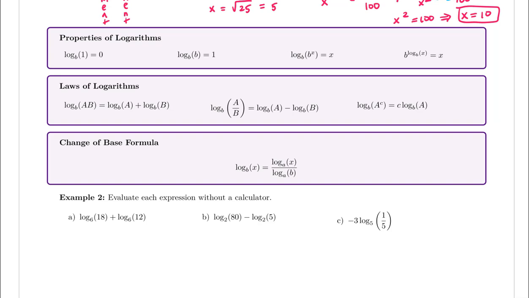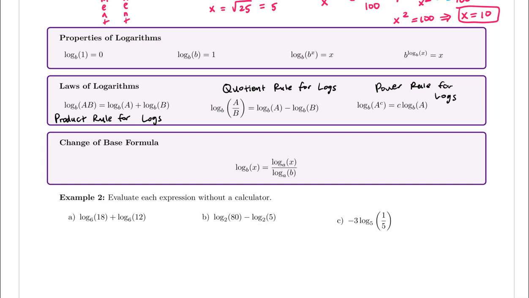So here are a bunch of properties of logarithms, and then below that we have laws of logarithms. Sometimes you will hear these called the product rule for logarithms. Sometimes you will hear this one called the quotient rule for logarithms. And the last one you might sometimes hear called the power rule for logarithms.